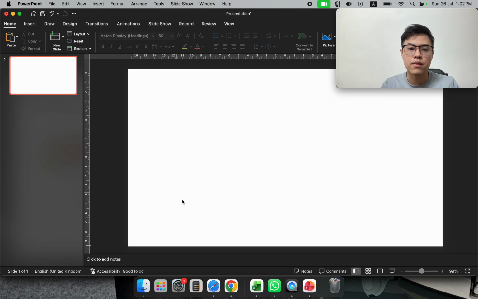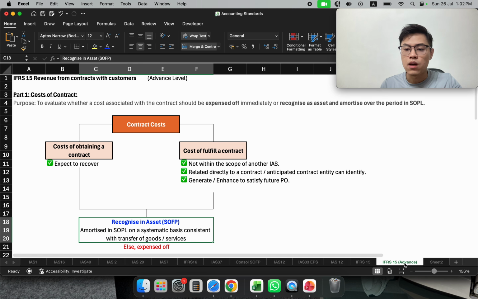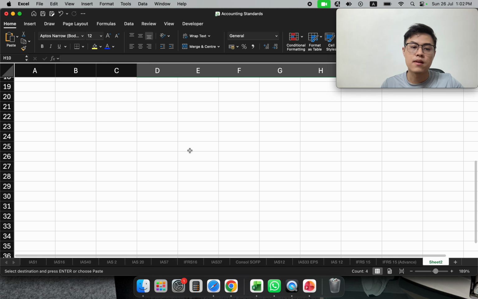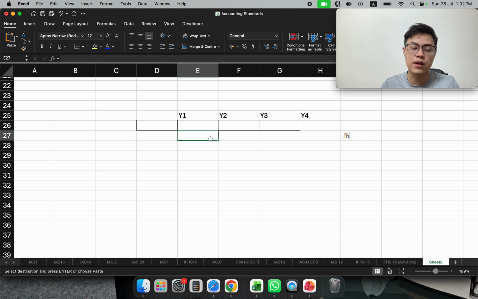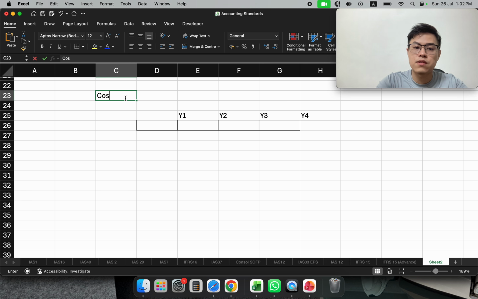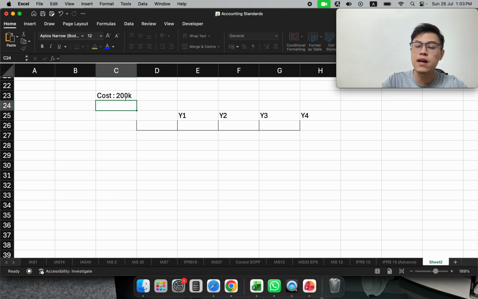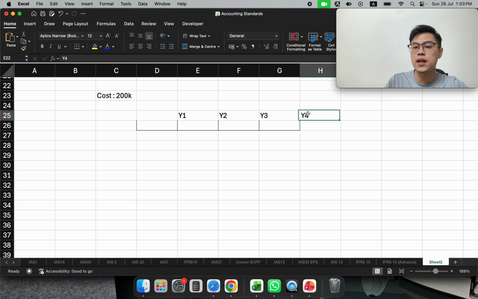For example, if today you are paying something, so we keep this as a separate scenario. If today I spend a cost, like my advance payment, I actually spend this money to lock the project, for example 200k, and the project will run for 4 million.